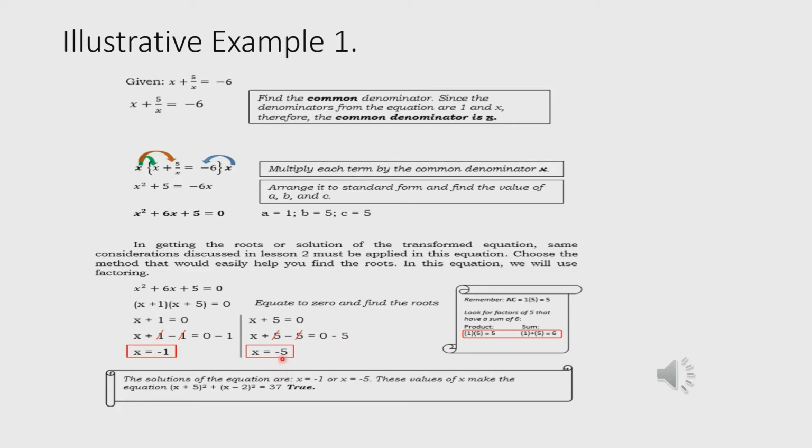And if x is negative 5, we change x to negative 5 also. If you find that the right and the left sides of the equation are equal, then we could say that these values of x are correct.